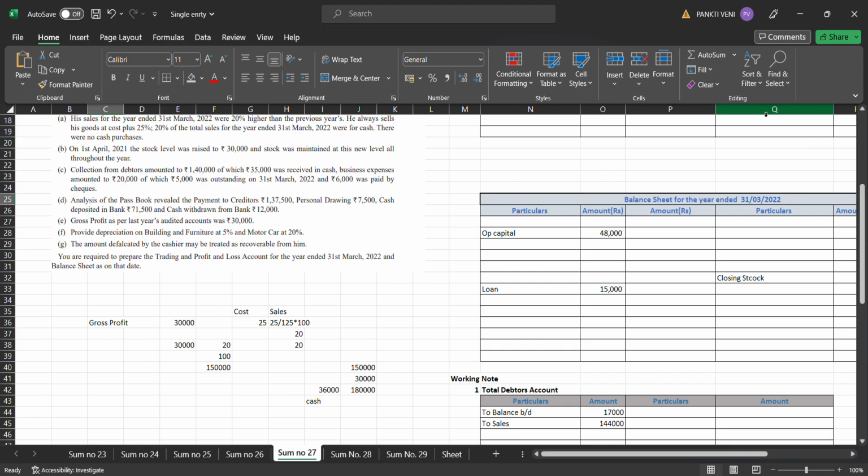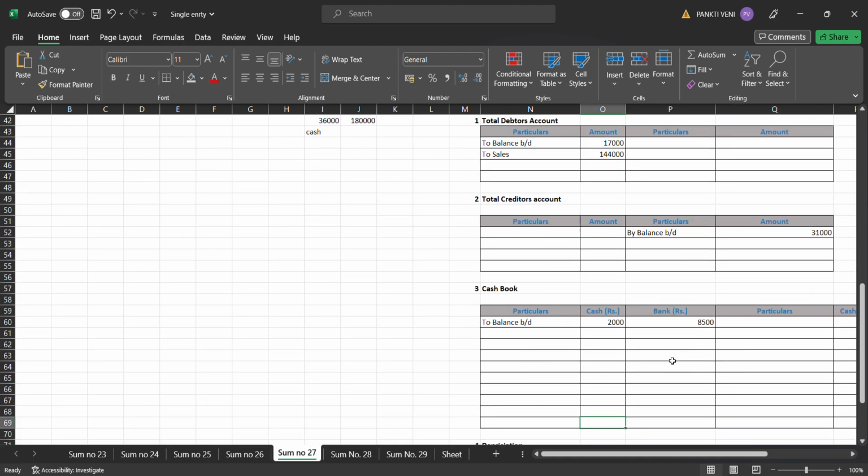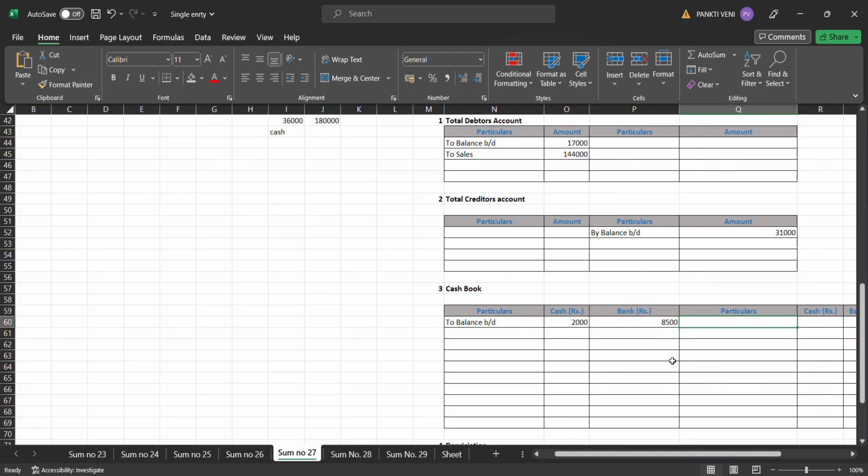Second also done. Third entry, collection from debtors amounted to 1,40,000, of which 35,000 was received in cash. So out of 1,40,000, 35,000 he is getting in cash. So I'm getting money, cash to debtors.